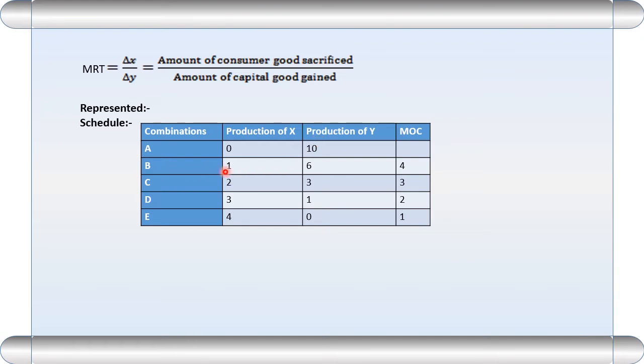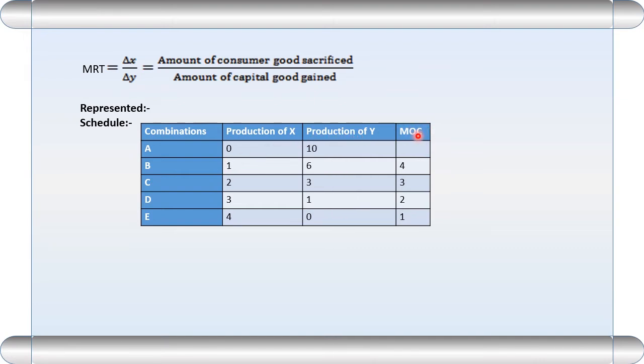In option B, I am producing 1 X good and 6 Y goods. So what you are seeing over here, production of X good is increasing and the production of Y good is decreasing. Why? Because we have limited resources, and if we want to increase the production of X, we have to sacrifice the production of Y.